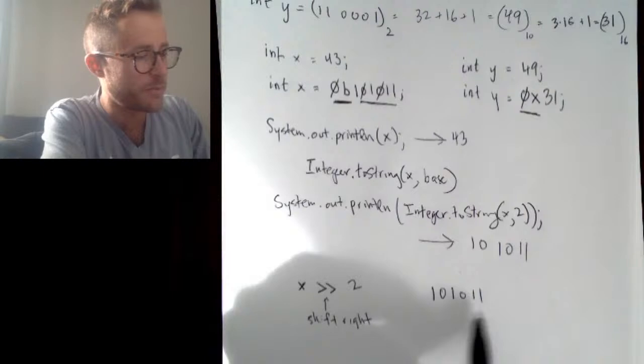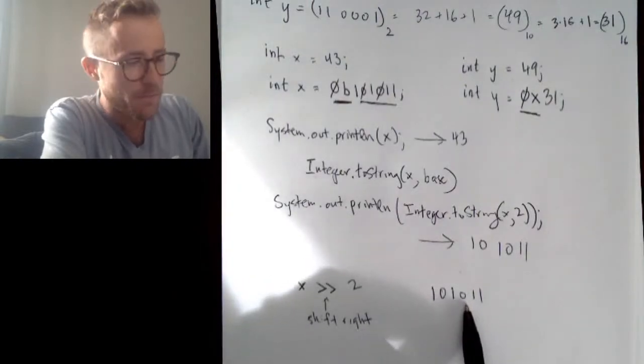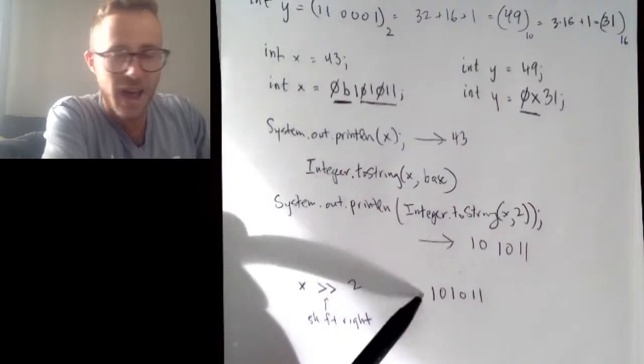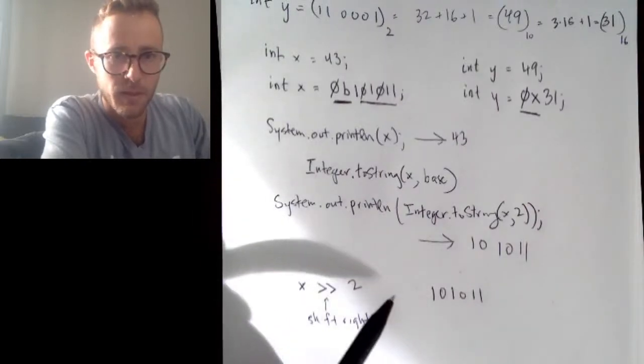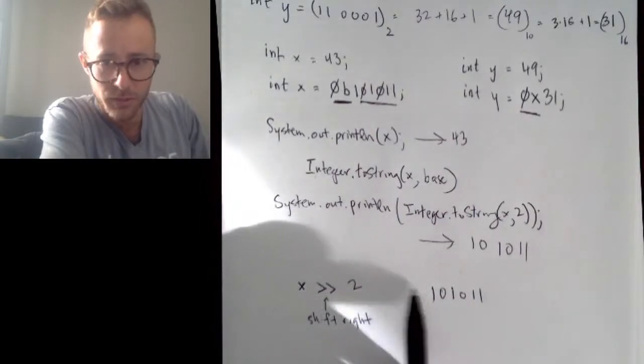it's going to shift it to the right by 2 places. Okay, and it's going to pad, because when I shift to the right, it's going to fill it in with zeros.